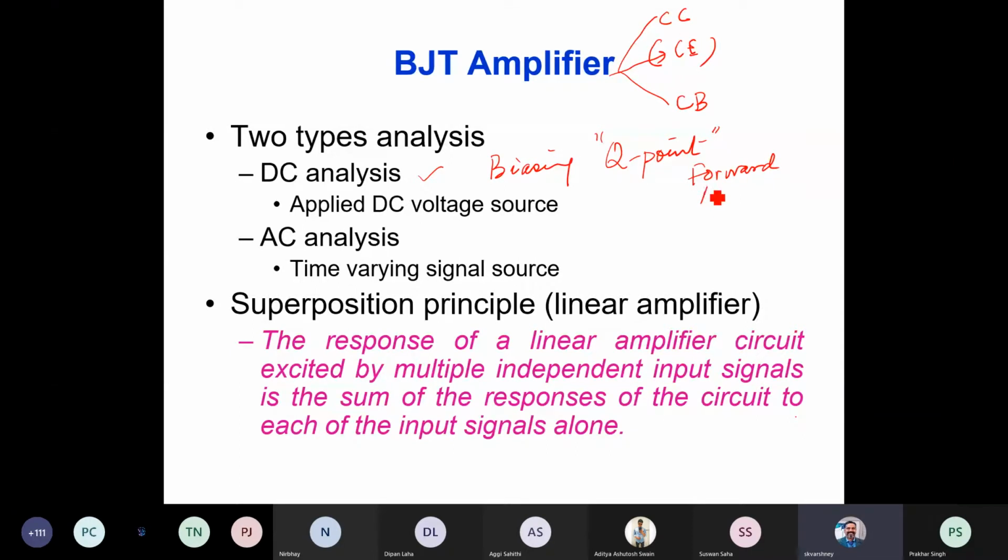So that's basically the transistor biased into the forward active mode, right? And the Q point is suitably located. Then we are going to understand the AC analysis part. It means we apply a time varying signal, and we are considering a small signal.